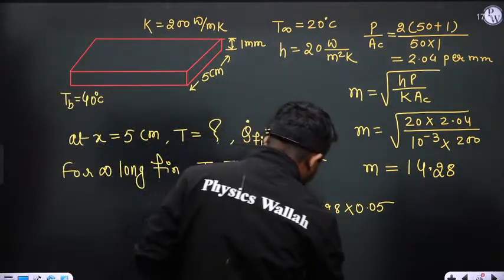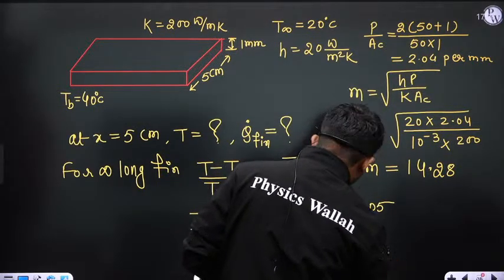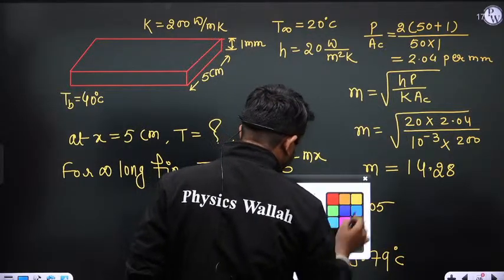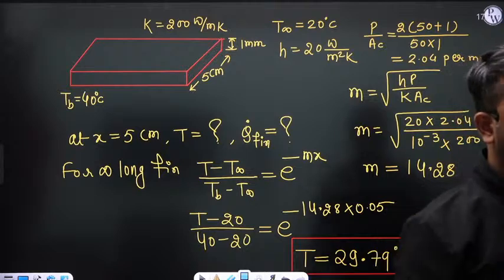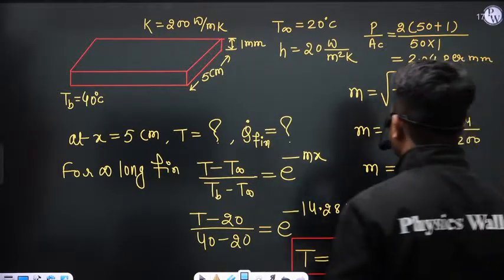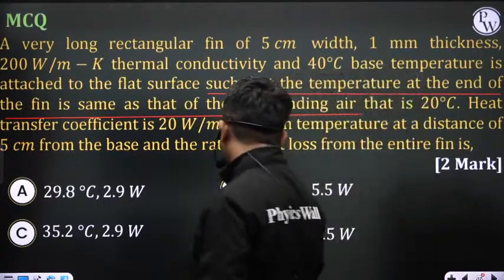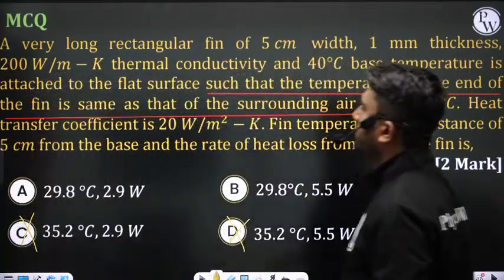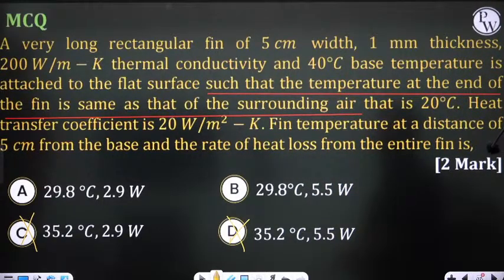So the temperature comes 29.79 degrees Celsius. So 29.79 means 29.8. So C is eliminated, D is also eliminated. So the answer is either A or B. Temperature is 29.8.